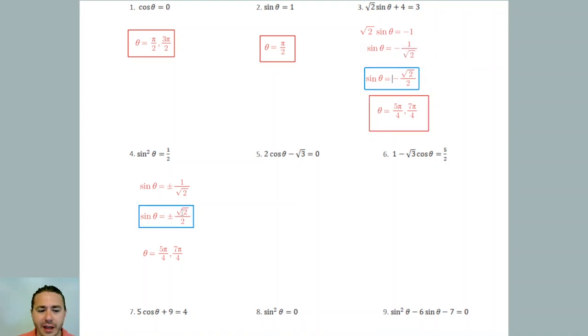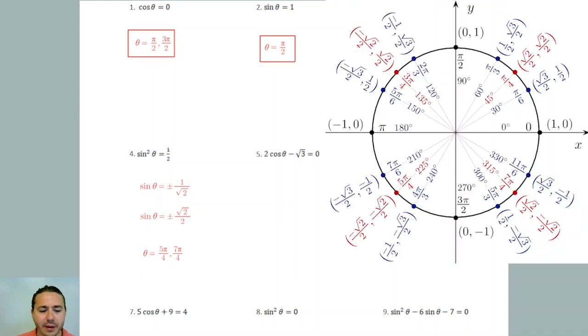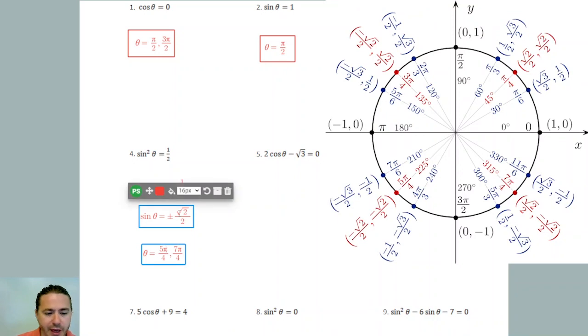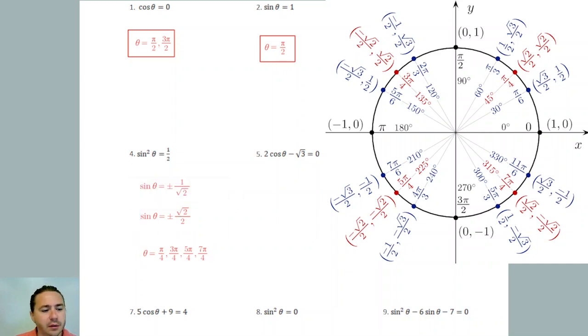So those are for the negative root 2 over 2s, but we also need to include the positive root 2 over 2s, which should happen in quadrants 1 and 2 at pi over 4 and 3 pi over 4. So we get all those pi over 4s that are on the unit circle. Okay. Those are my solutions for number 4.